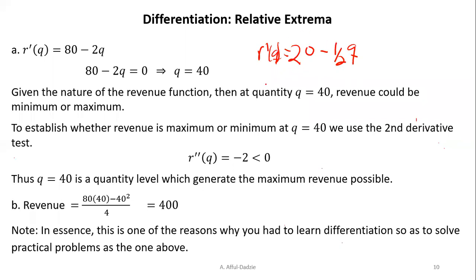In differentiating again, you have r prime prime of q, and we had -1/2. Then you compare it to the test rule. If this is a negative value, less than 0, we know it's a maximum. And if it is a value greater than 0, we know it is a minimum.